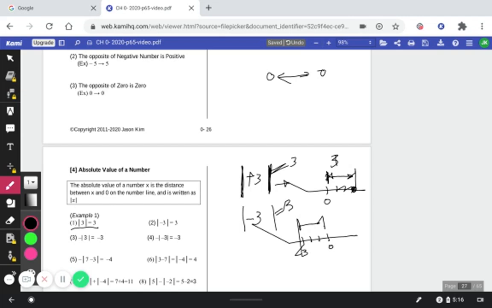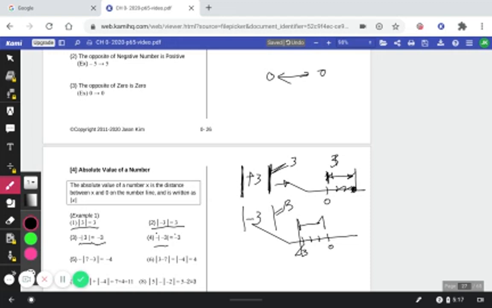But if the negative sign is outside, the negative of the absolute value of 3 becomes just negative 3, because the negative is before the absolute value. And when you have the negative of the absolute value of negative 3, you keep the negative outside, and inside the absolute value, negative 3 turns into positive 3.